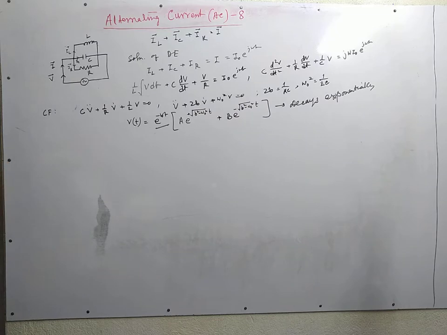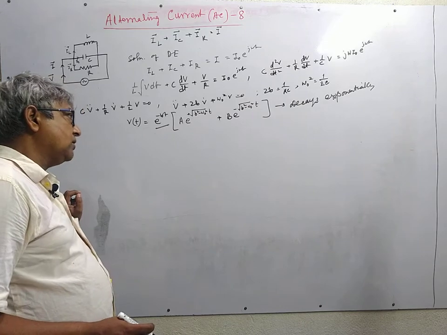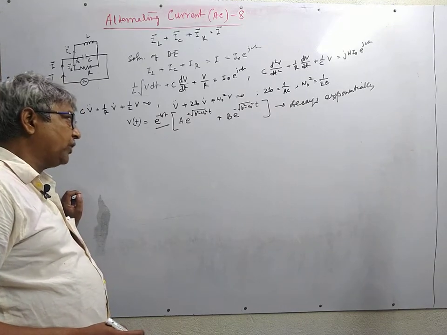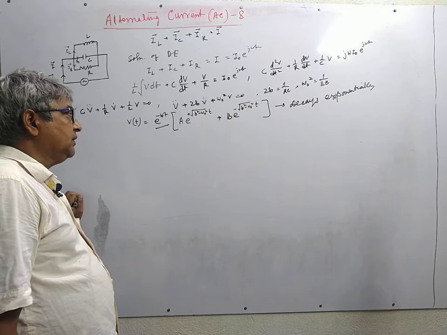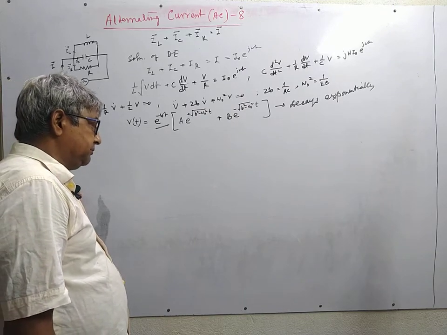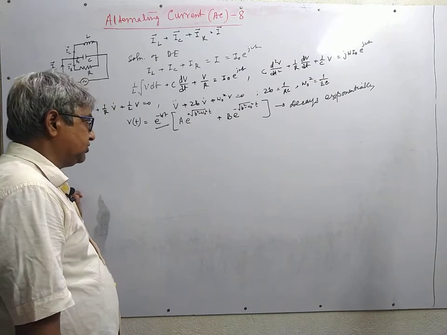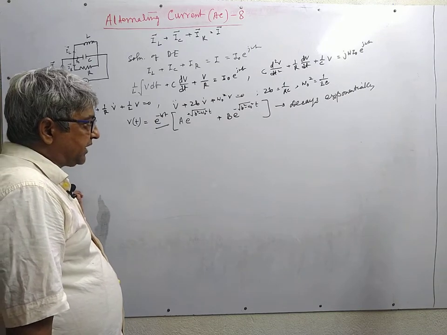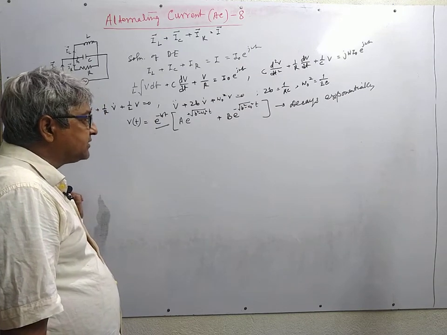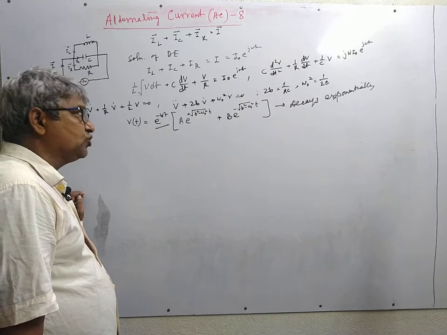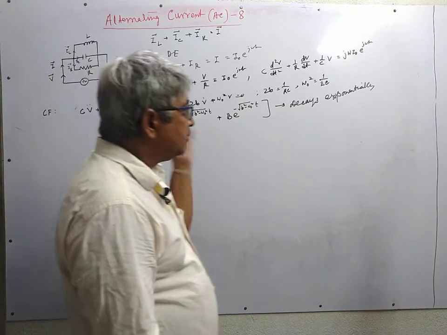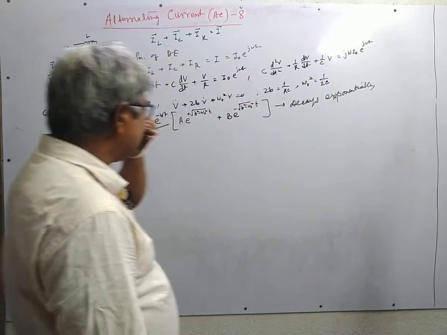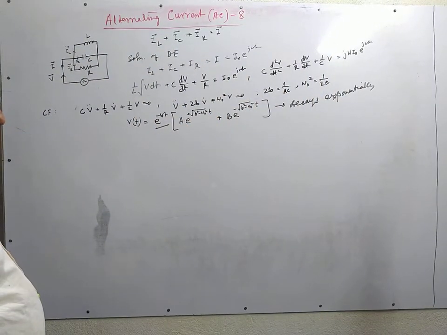So in the long run, the complementary function contributes nothing. It either dies down exponentially when b square is greater than omega 0 square, or it dies in a damped sinusoidal nature when b square is less than omega 0 square, and dies critically when b square is equal to omega 0 square. In all three situations, the voltage decays exponentially with time.